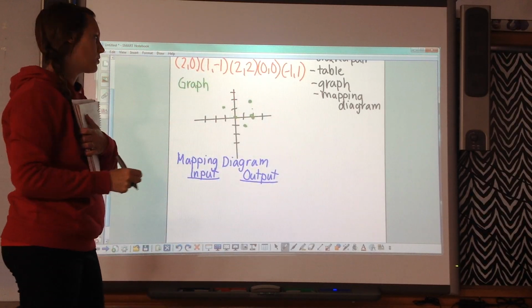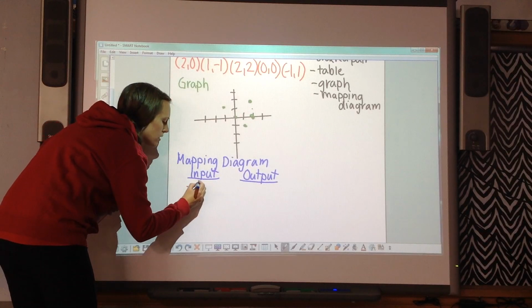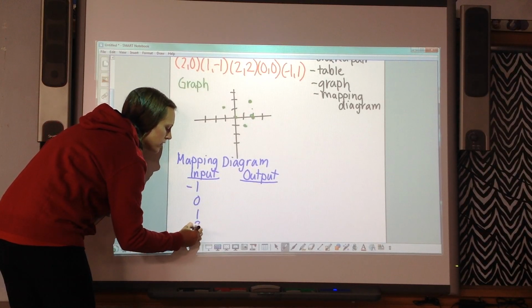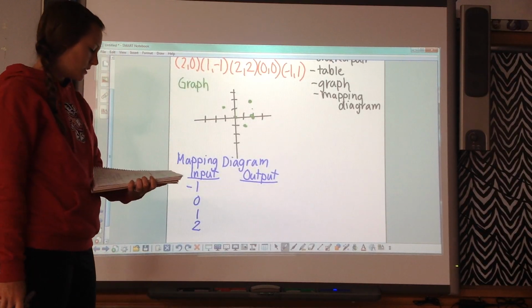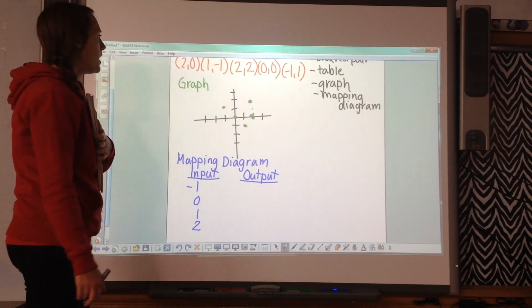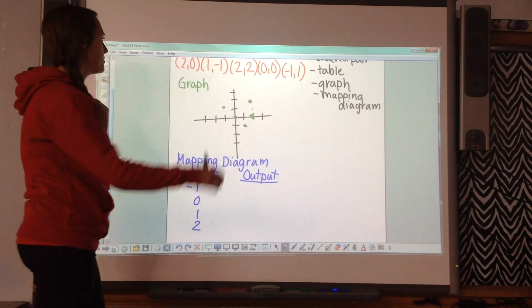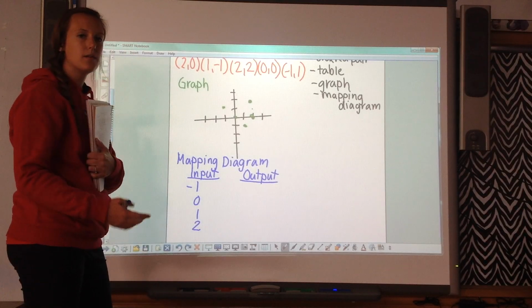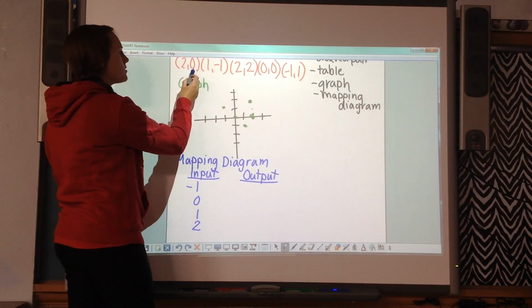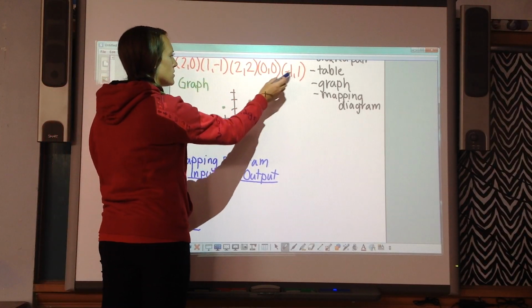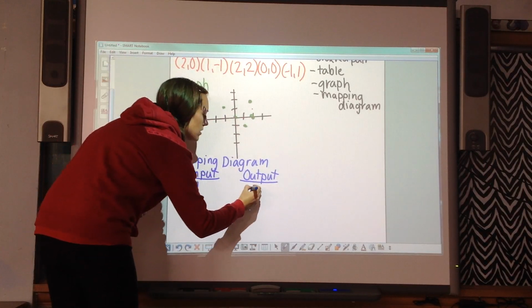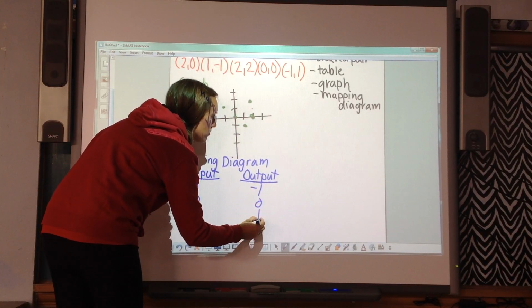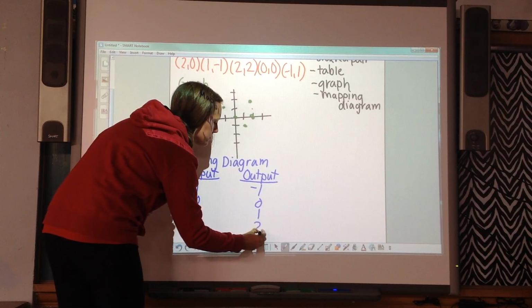I'm going to put them in order. So I'm going to go negative 1, 0, 1, and 2. You can go from least to greatest, greatest to least. It doesn't matter. Same with the outputs. I am going to put them in order because I want least to greatest. On the inputs, I have to do the same with outputs. So 0, negative 1, 2, 0, 1. So negative 1, 0, 1, and 2.